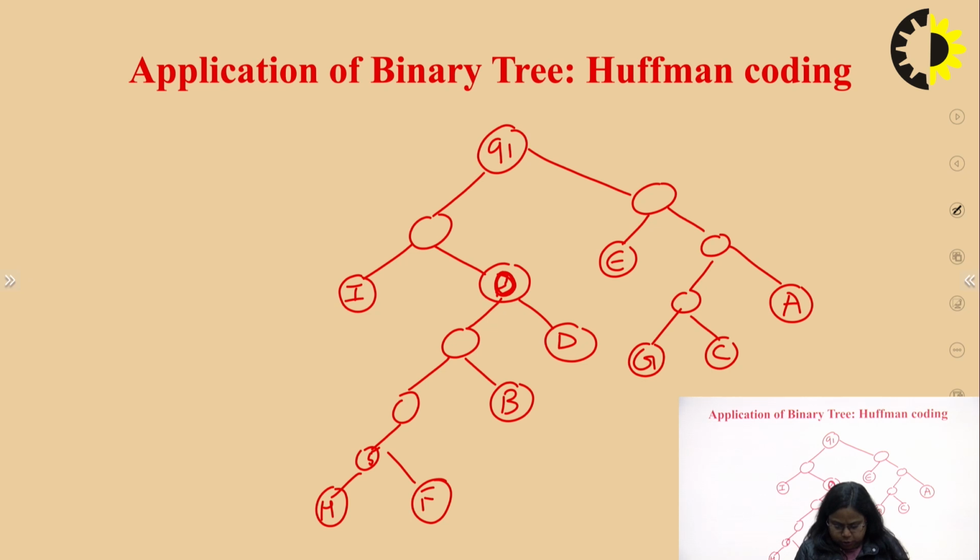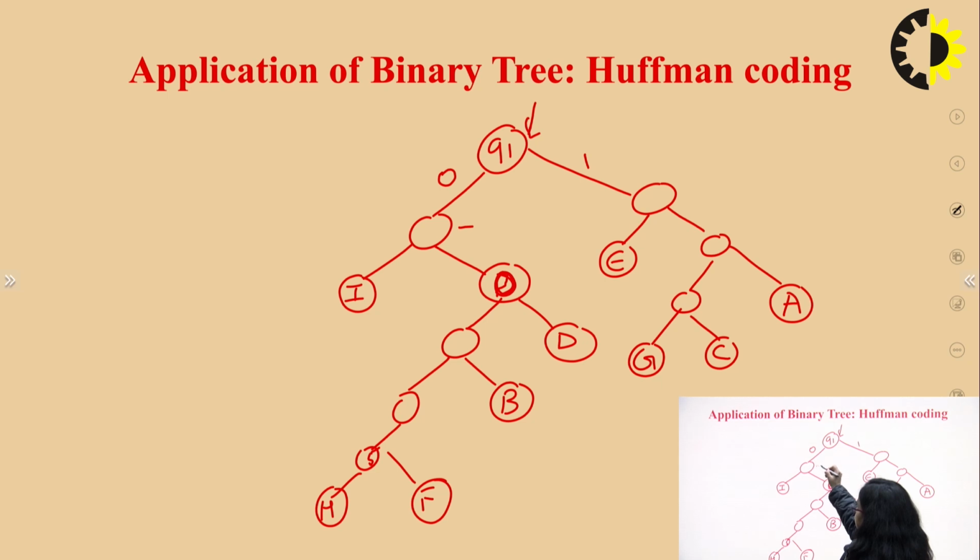Now we have to generate the codes. For generating the codes, on the left side of the tree we write 0, and on the right side of the tree we write 1. If we start from the root node, this is the left side, so we write 0. This is 1.